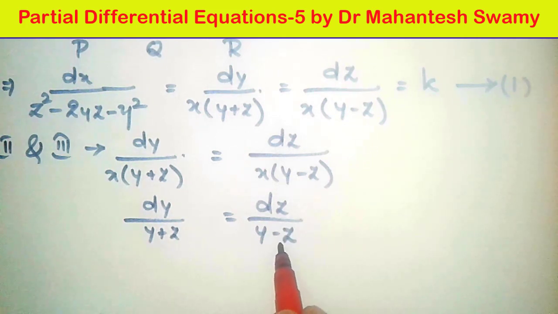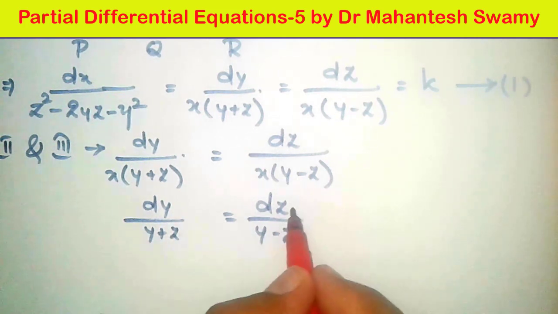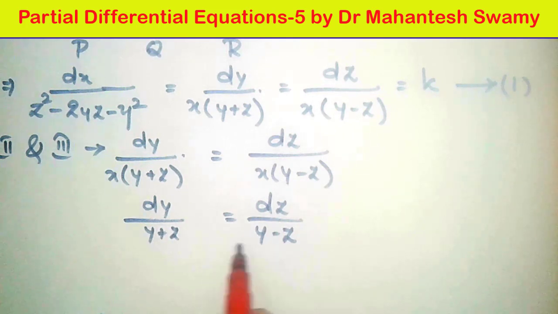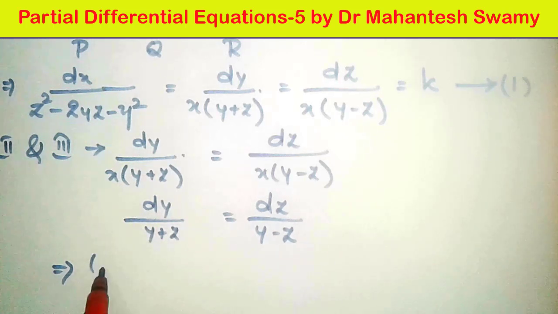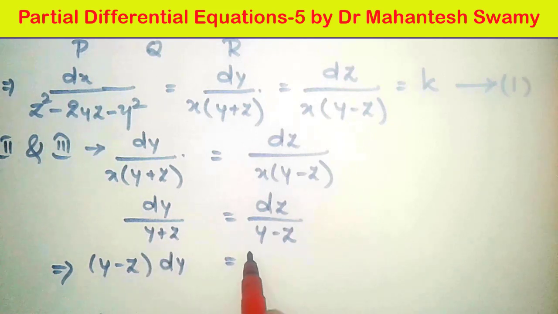Now it is not possible to separate z and y so easily here. So what can be done? We can go for cross multiplication. When we cross multiply, it is y minus z into dy, and here it is y plus z into dz.